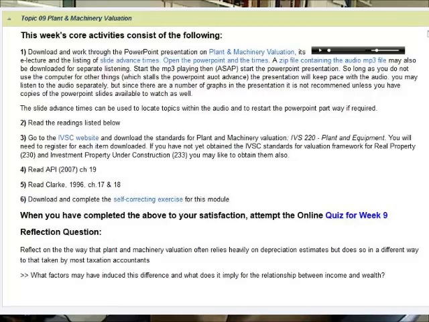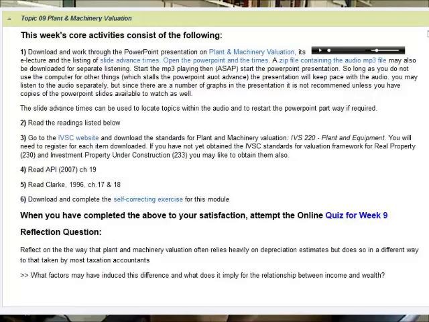It tells us something about the nature of real estate. It's also important for you to have had some exposure to plant and machinery valuation before you graduate as a valuer, because you'll find that even if you see yourself as being exclusively devoted to real estate, you'll still find plant and machinery valuation issues come up from time to time, especially when you're dealing with the valuation of complex properties, where plant and machinery is an important component of the value of the property.